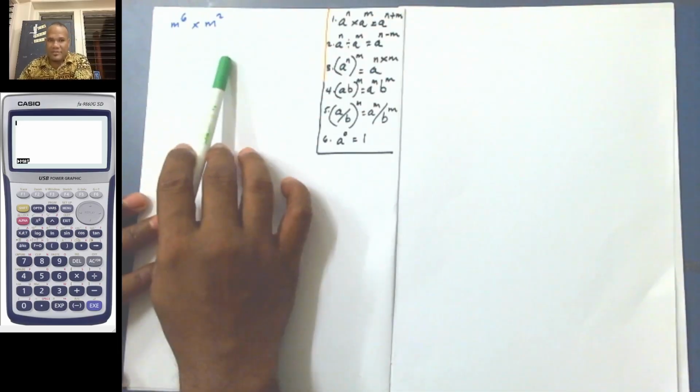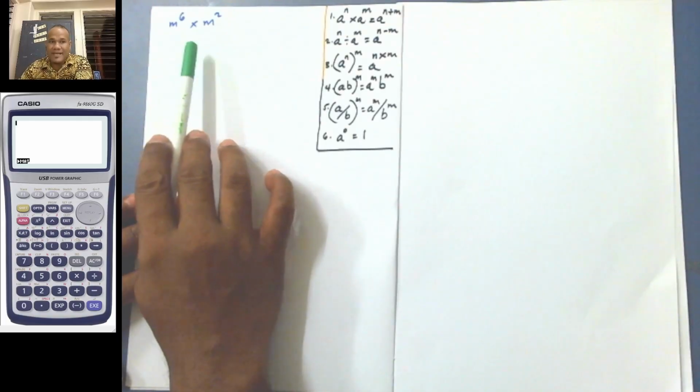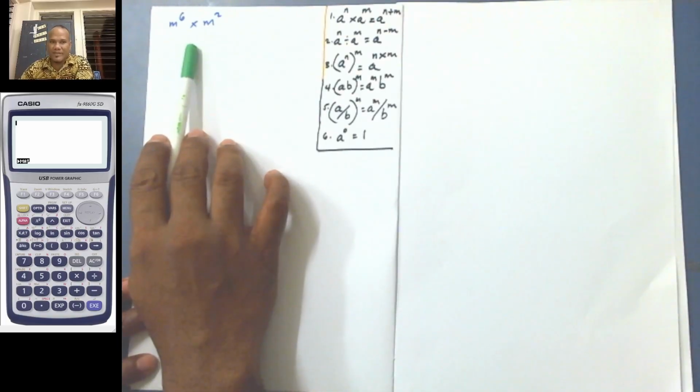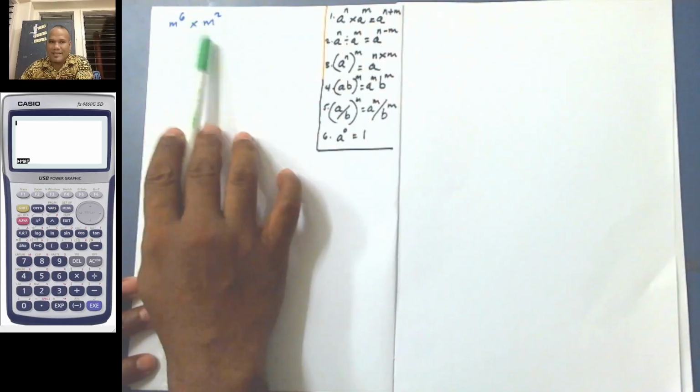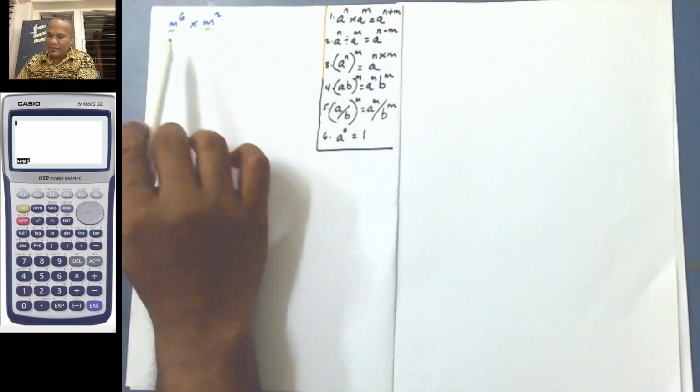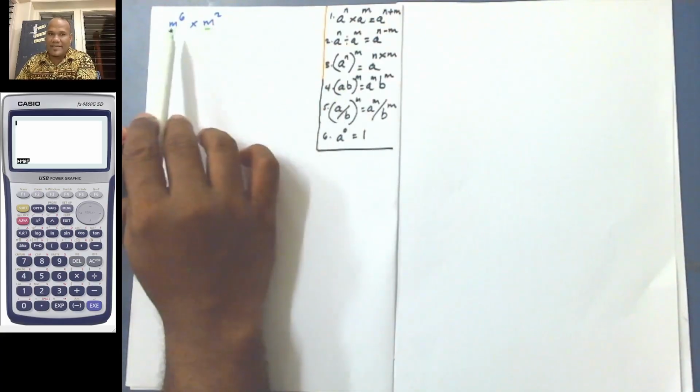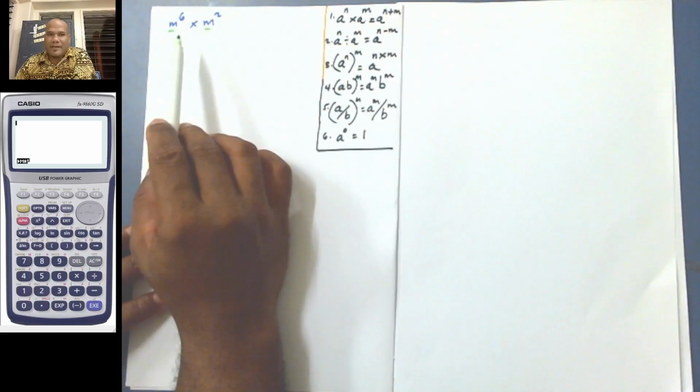Now, how can we answer this question? The question is saying, what is the value of m to the power of 6 times m to the power of 2? We identified that the expression has m and m, the same base. According to the law, if you multiply with the same base, what happens to the power?